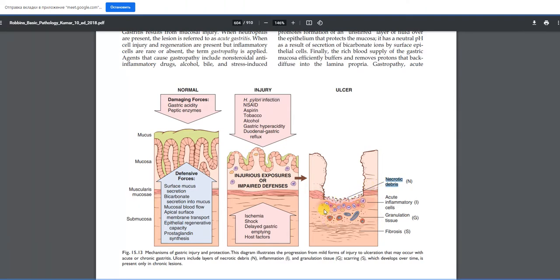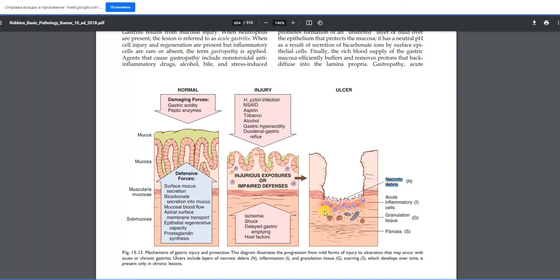Macrophages also appear here very soon. They form granulation tissue, and they try a little bit to prevent further ulcer progression. But usually it's not enough, so sometimes we need surgical treatment of ulceration.